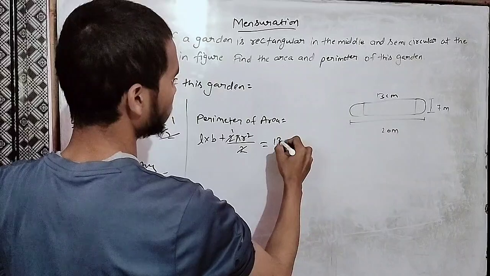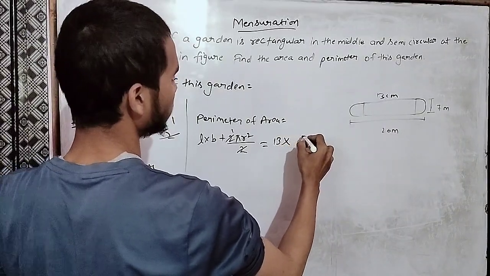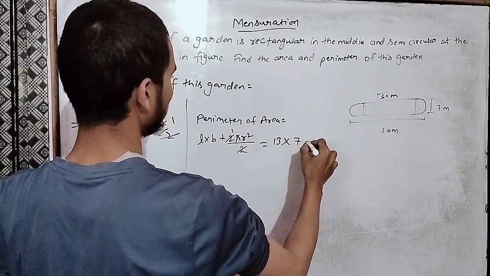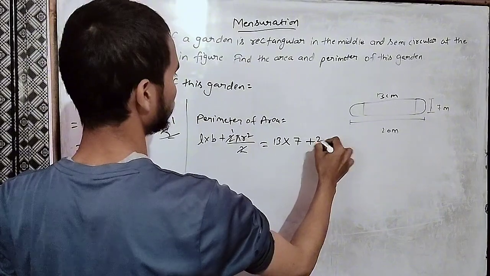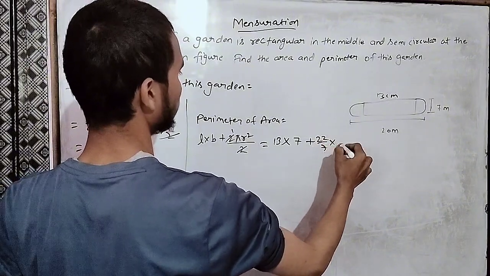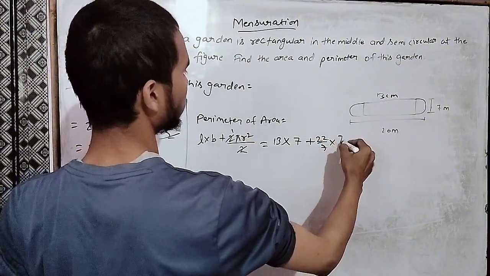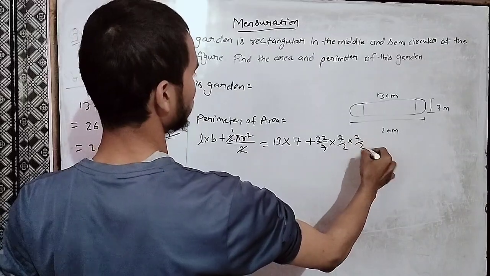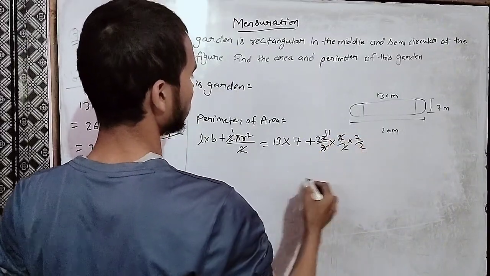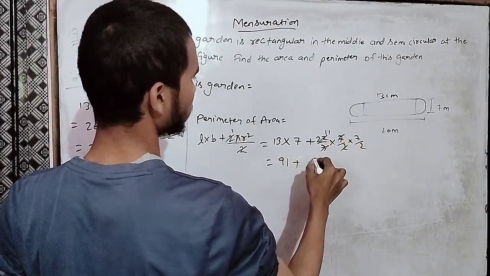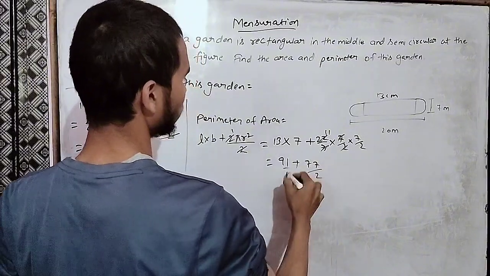L which is 13 multiplied by B, B is 7. Then 22 by 7 multiplied by r, r is 7 by 2, 7 by 2. So 91 plus 77 upon 2.